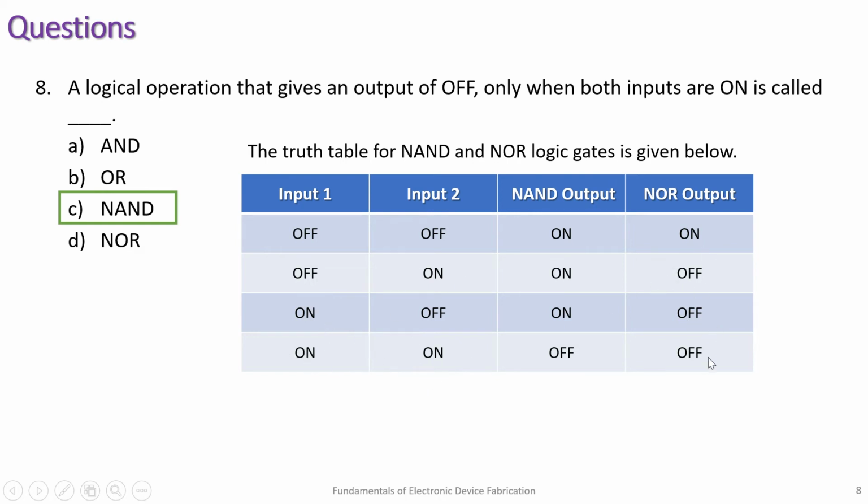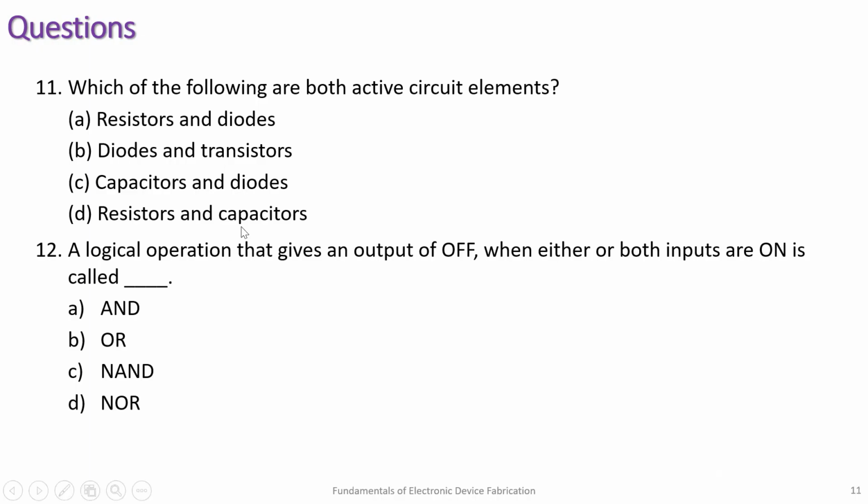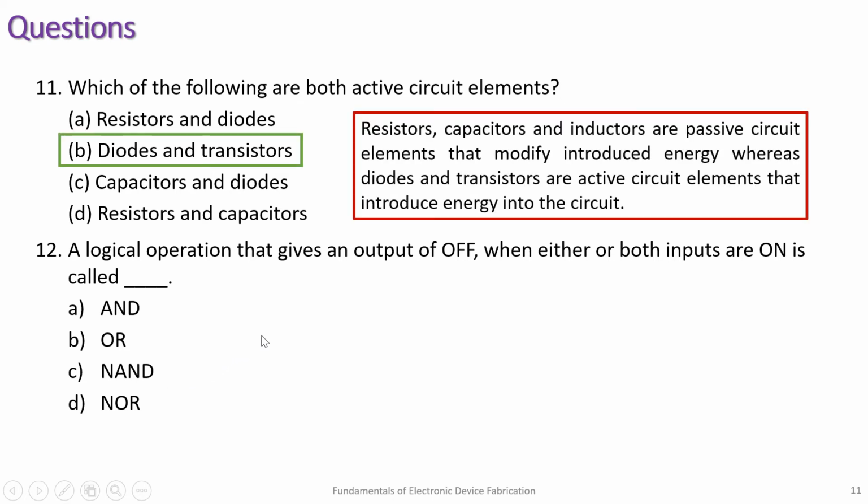In all these cases, our output was off for a NOR output. That is what the question was. I hope it's clear for all of you. So the logical operation that gives an output of off when either or both inputs are on is called the NOR operator. Is that clear for all of you?